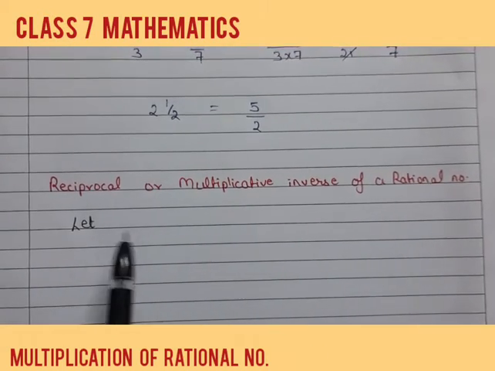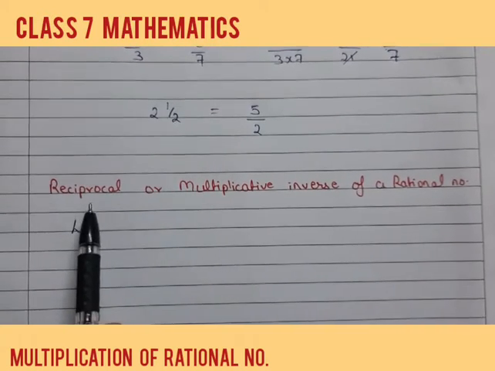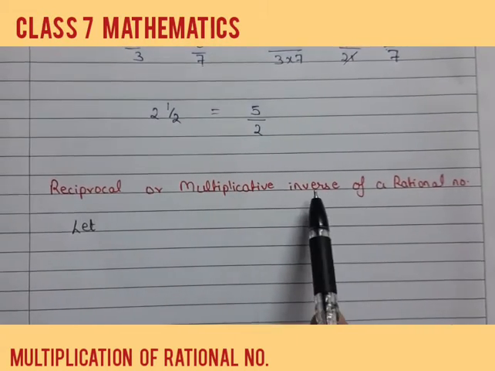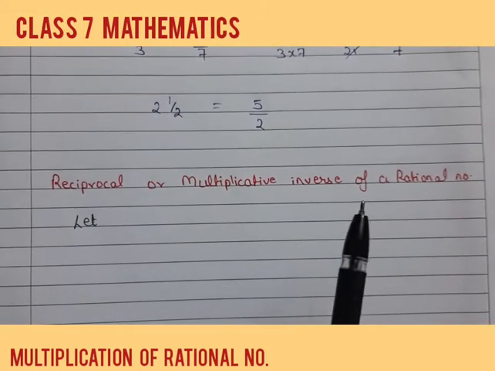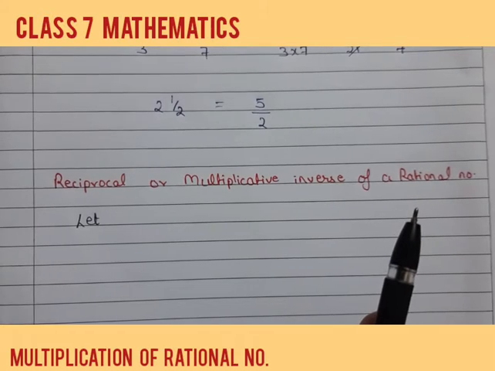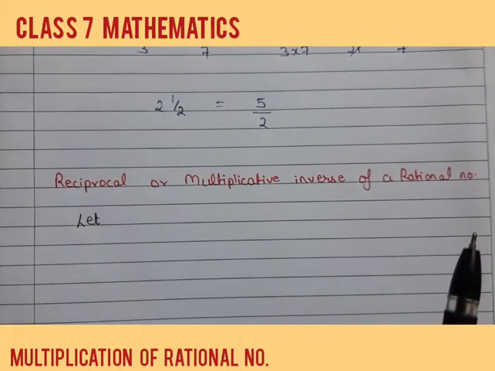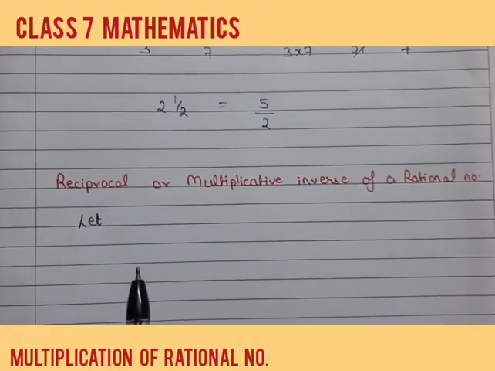But before starting, let's have a look at one more topic related to this exercise: reciprocal or multiplicative inverse of a rational number. In mathematics, the multiplicative inverse is denoted by 1 upon x, or x to the power minus 1, for a number x.